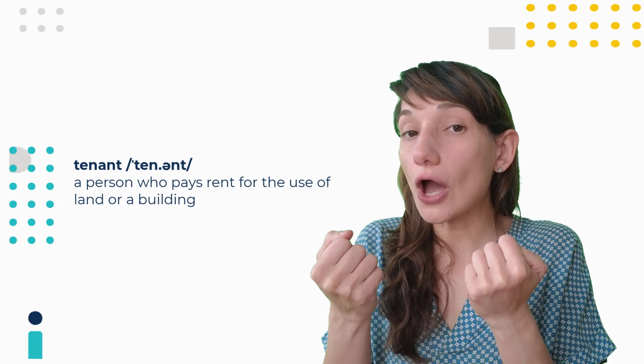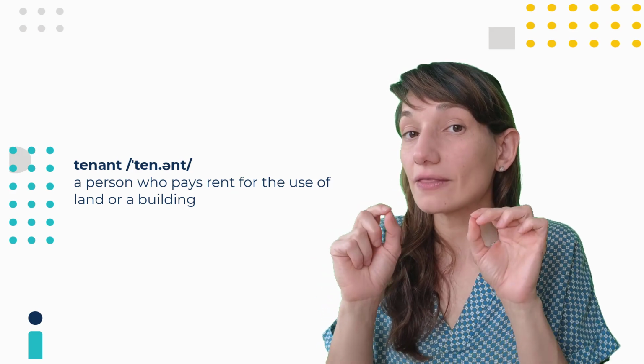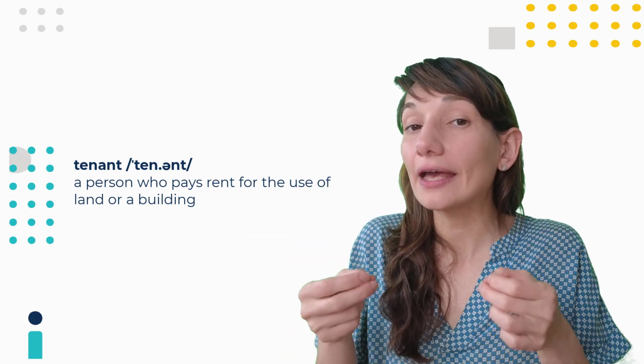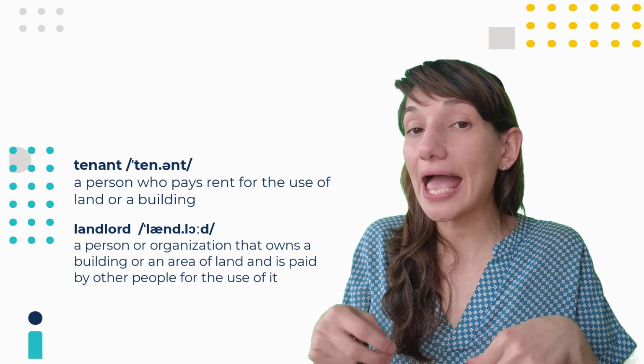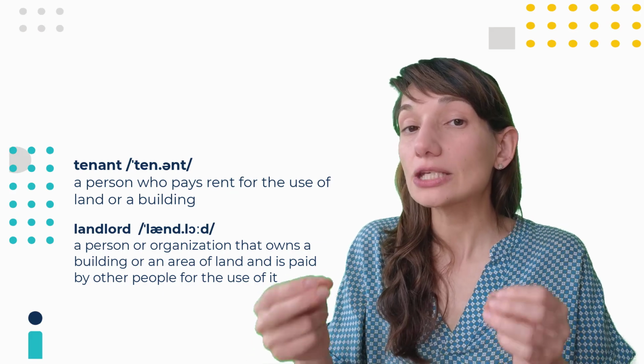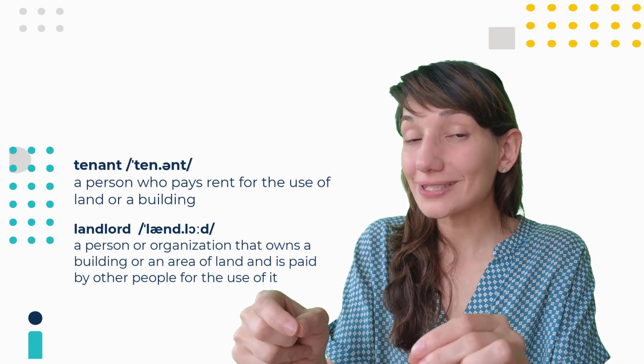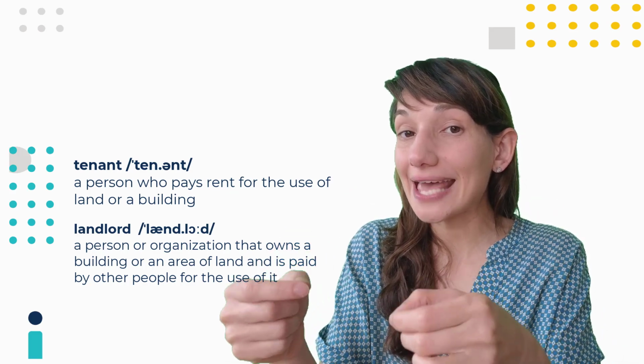And if the owner rents the property to a tenant, to somebody, then the owner becomes a landlord. So a landlord rents property to a tenant.